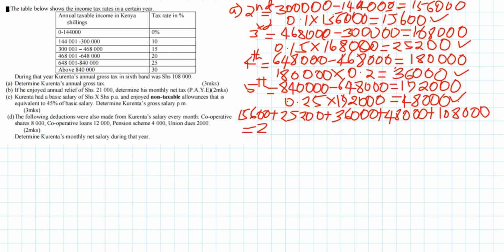So we sum them together to get 232,800. So this 232,800 is the gross tax that Currentus was able to pay for that whole year.